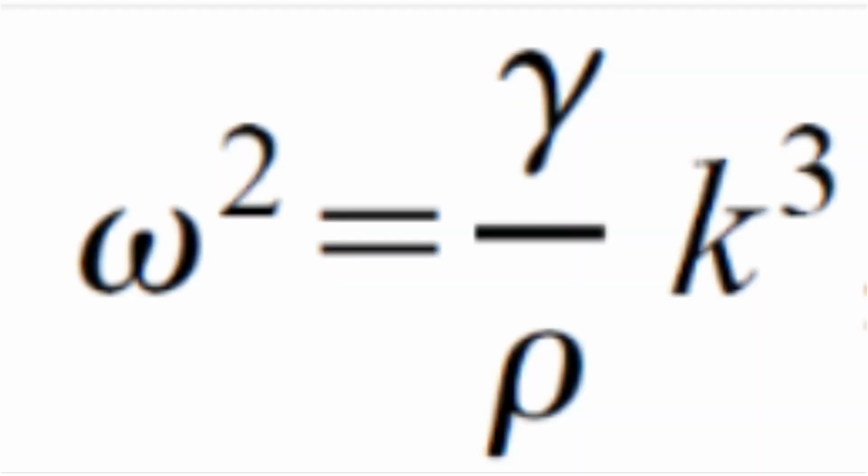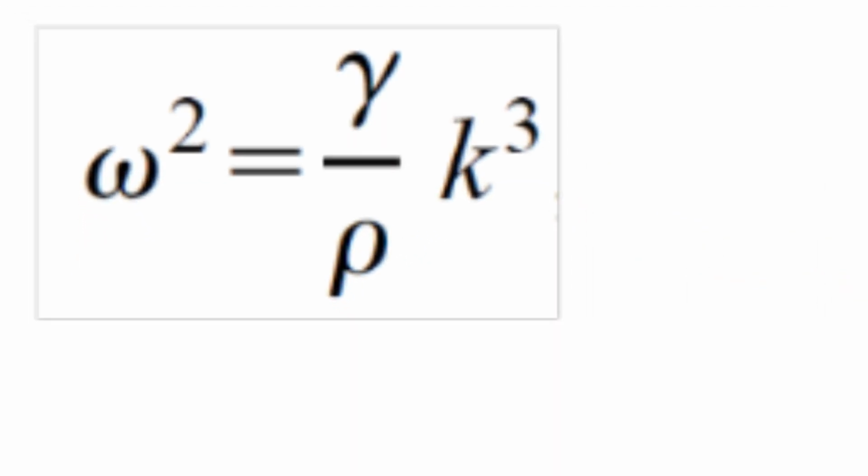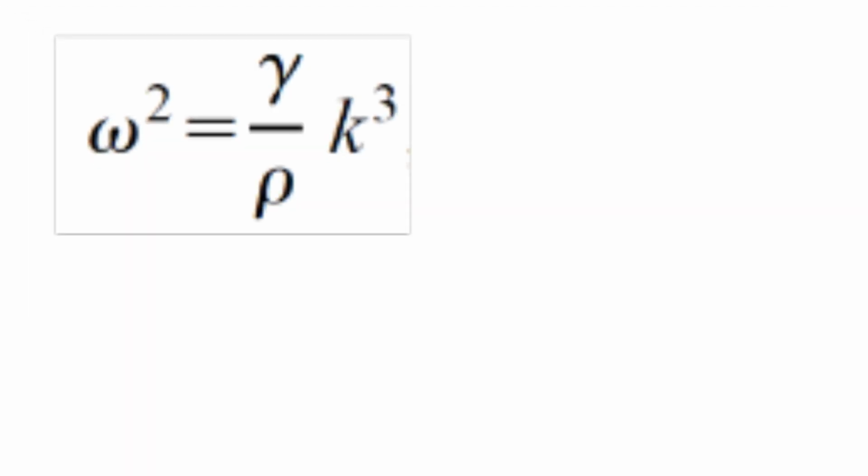Angular frequency omega of this capillary wave is given by this equation. Here, k represents the wave number, which is equal to 2 pi over the wavelength, and rho is the density of the water. The velocity of propagation of the wave is equal to omega over k. As we know, the velocity of propagation is the same as the velocity of the flow of the water jet.